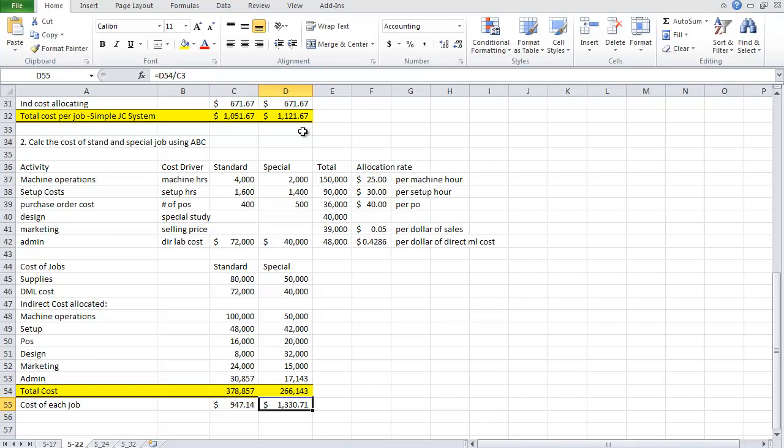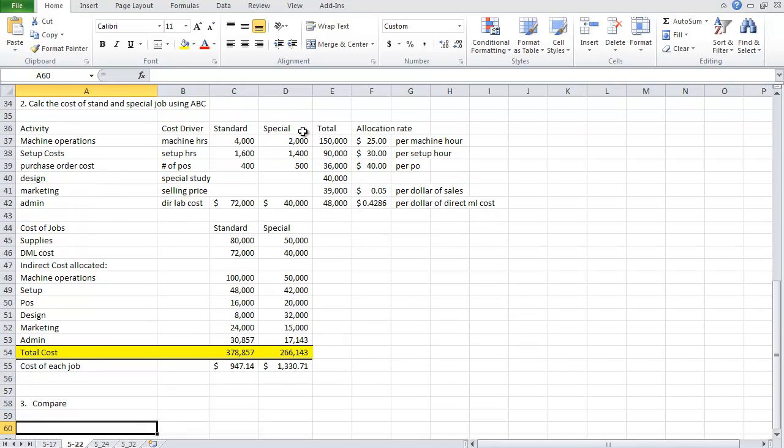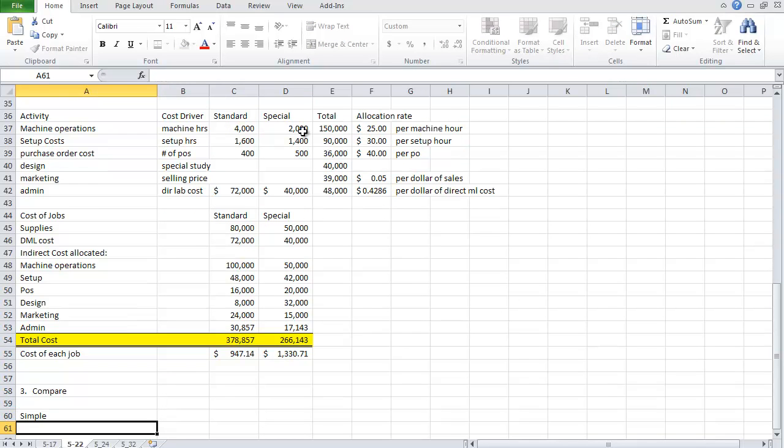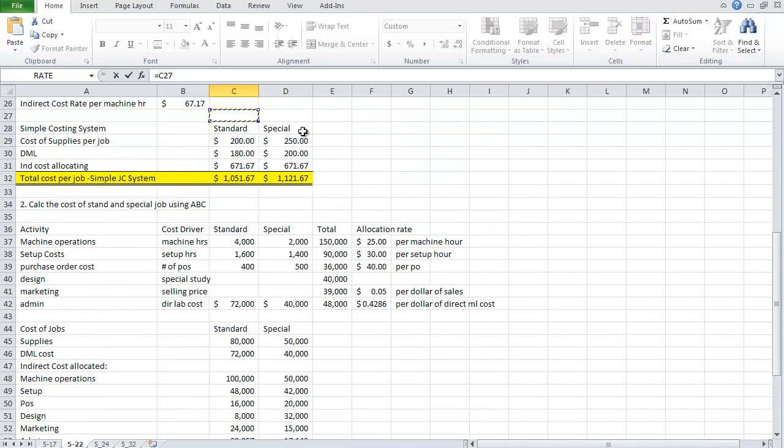If we look at part 3, it asks us to do a comparison. So let's do that. So if we have a simple versus an activity-based costing, and then let's take the difference, which we're going to go simple minus ABC. So for our standard, we're just going to copy this.